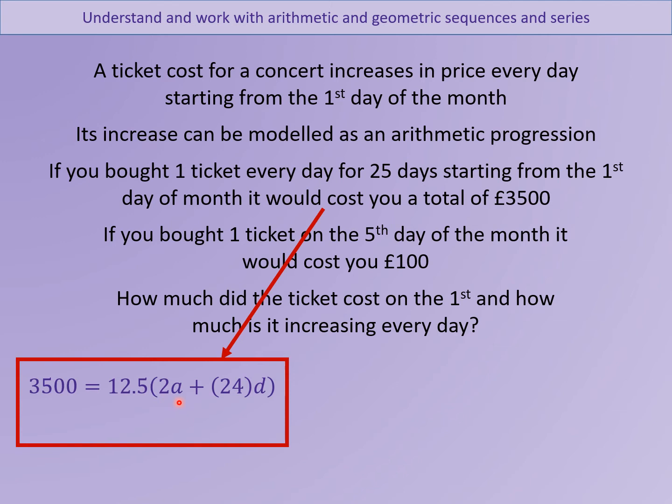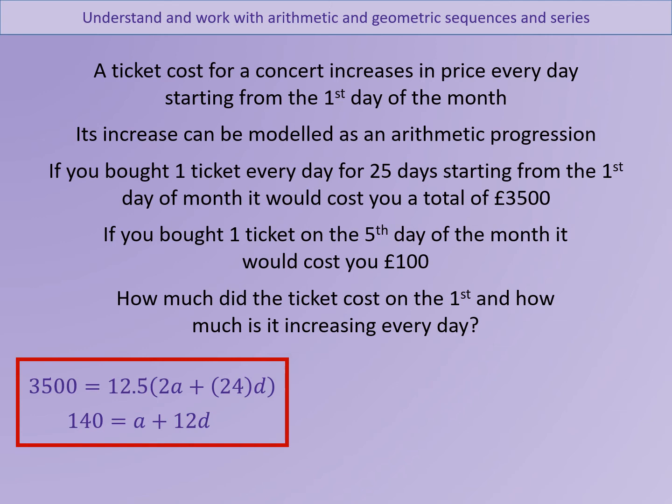Then we've got bracket 2a, we don't know what a is yet, plus n minus 1, which is 25 minus 1, times d. So that is the formula for Sn. We know that the sum of 25 tickets has a total cost of 3,500. This simplifies slightly, so we can divide across by 12.5 and then divide everything by 2 to give us the equation 140 equals a plus 12d.